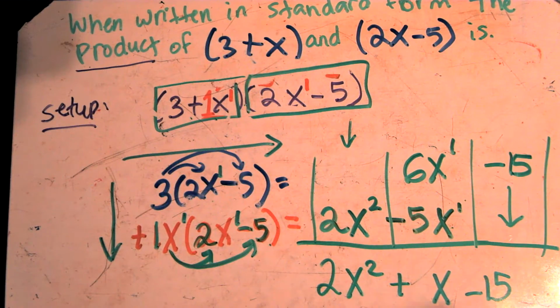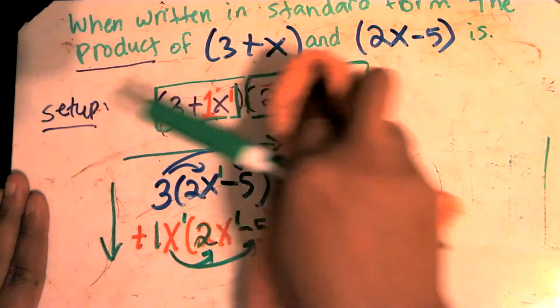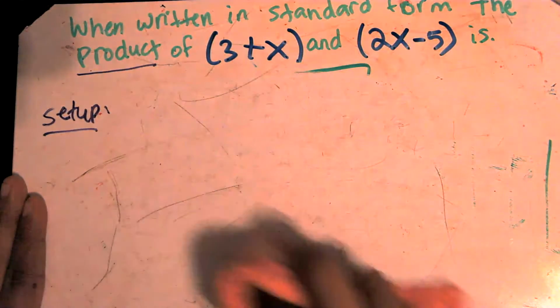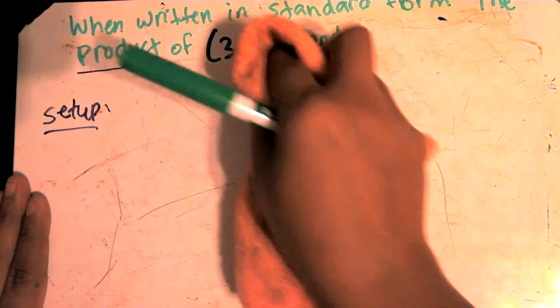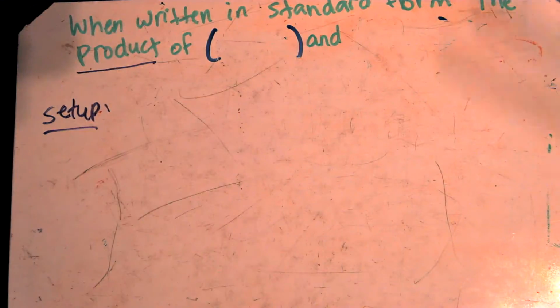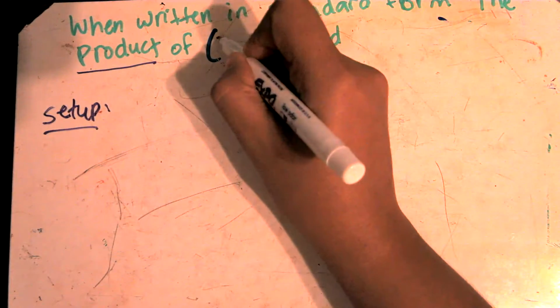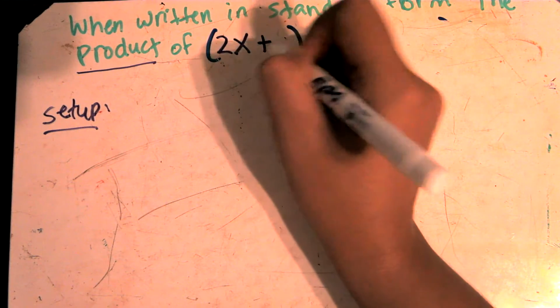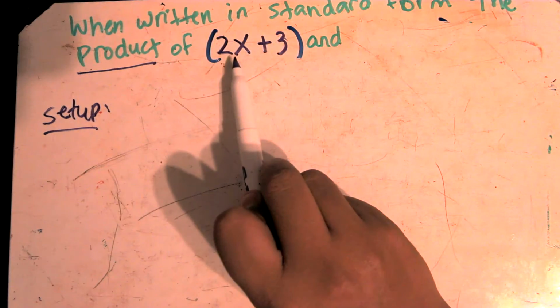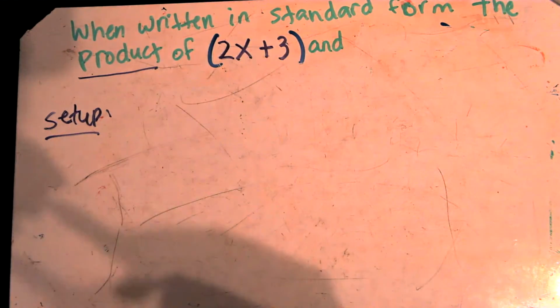This method is actually much more clear to see when we are multiplying a binomial with a trinomial. So let's do that. We have here another problem. We have 2x plus 3. Notice this one is written in standard form because the x terms come before the constant.